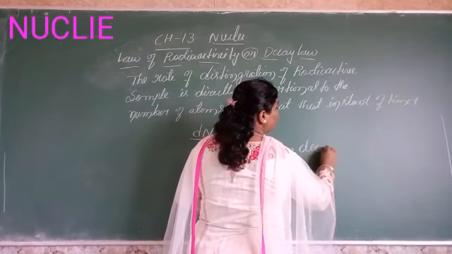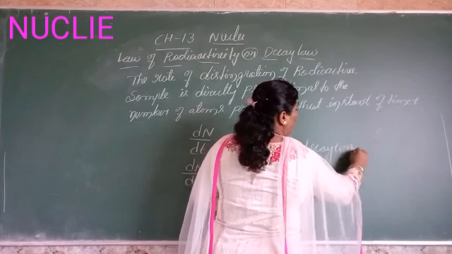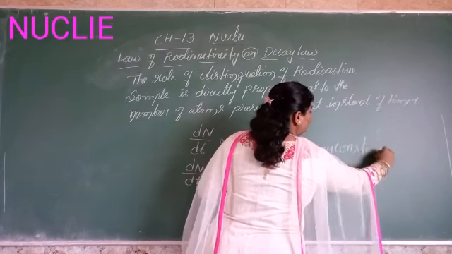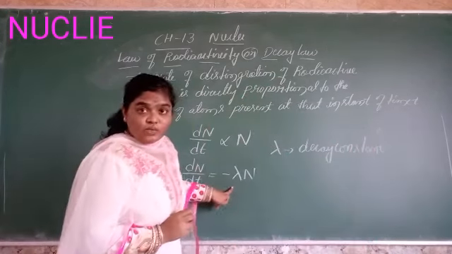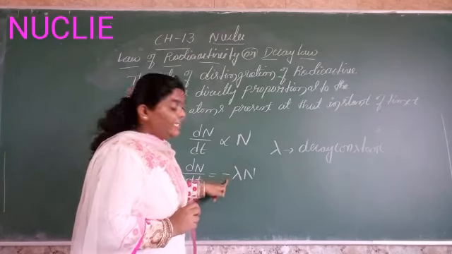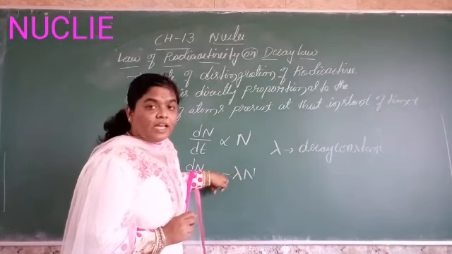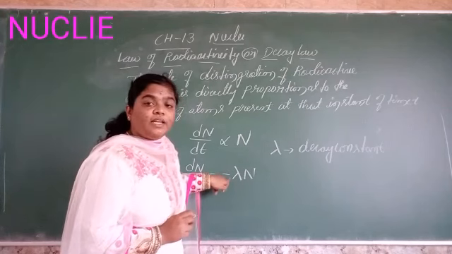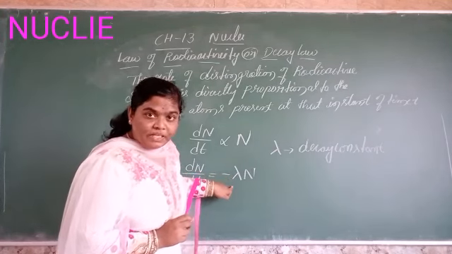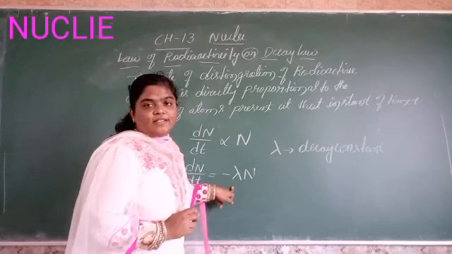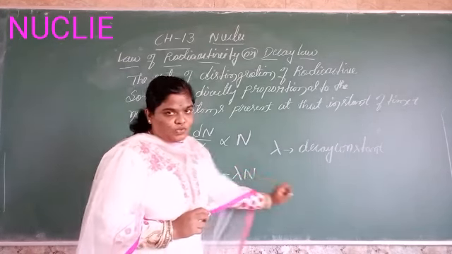Lambda represents the decay constant. And the negative sign here represents that the number of atoms in a radioactive sample decreases as the time goes on.